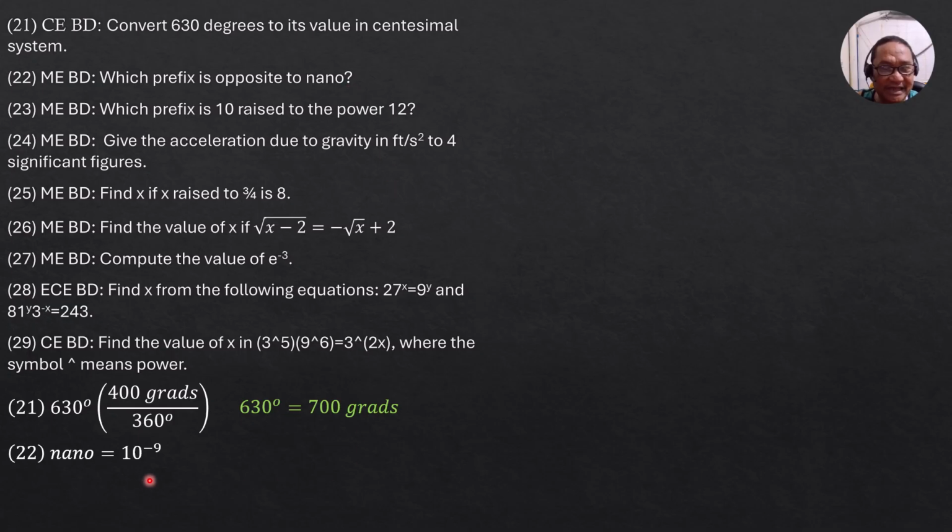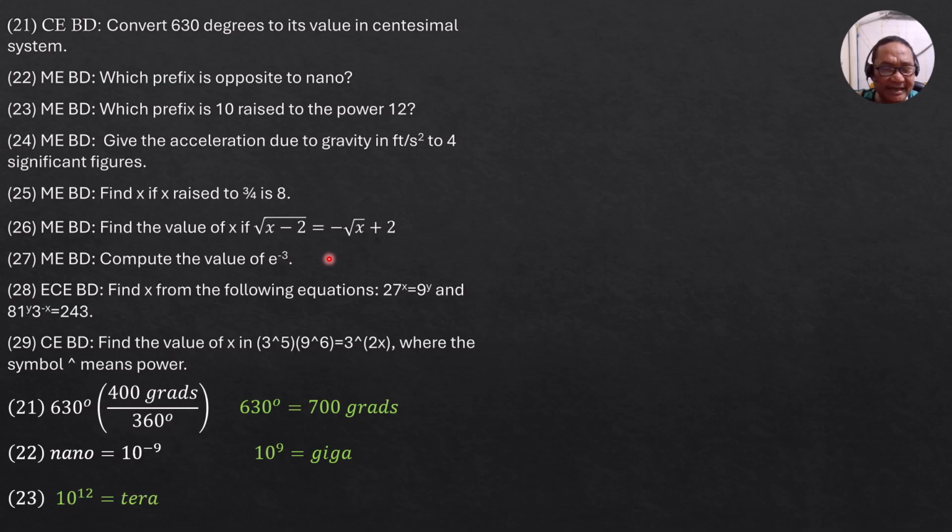So nano is 10 to the negative 9, giga is 10 to the positive 9. So therefore it is the giga. Then 23, which prefix is 10 raised to the power 12? So 10 raised to the power 12 is, of course, the tera.